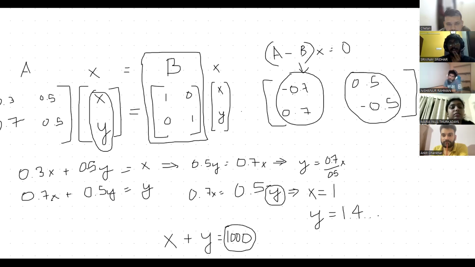If we plug this value into the original Ax matrix, you are not getting x. No, no, no, no.